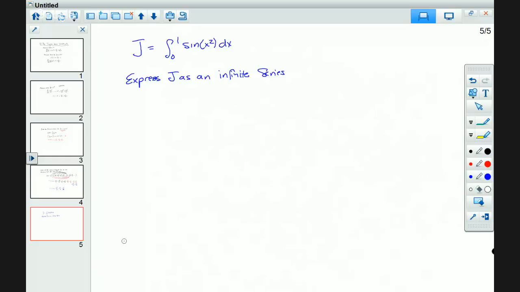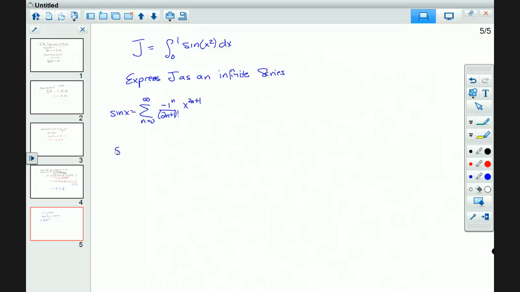Here's sine x, and then we'll make sine x squared. There's sine x. This is a different way to generate the series for sine x squared. Last time we wrote it out as a polynomial and plugged x squared in. I'm going to show you this time how to do it.